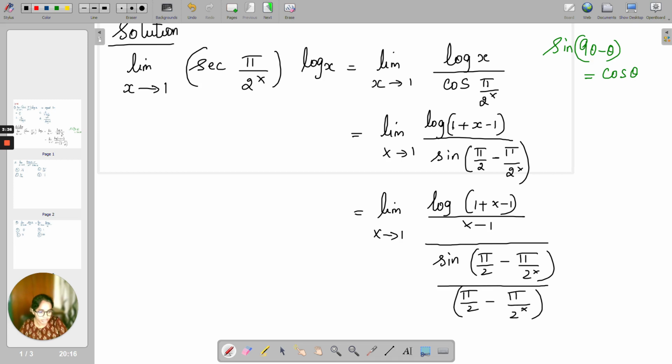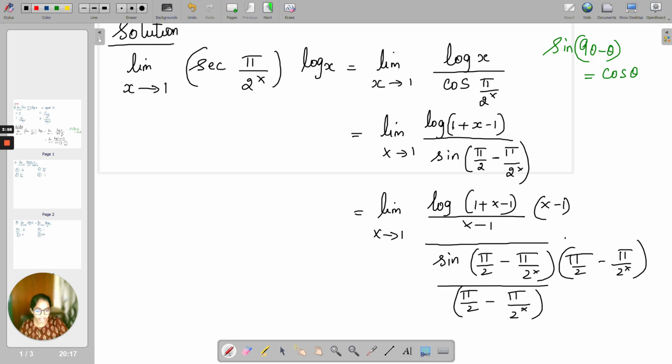What did I miss? I had to write x minus 1 over here, and then pi by 2 minus pi divided by 2 power x over here. So I'm multiplying and dividing, even here I'm multiplying and dividing.